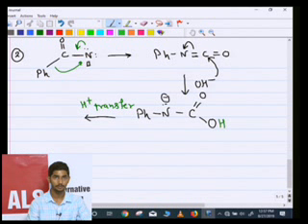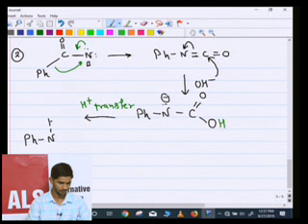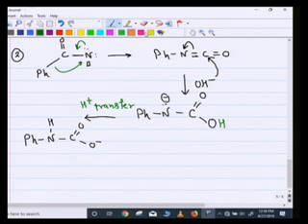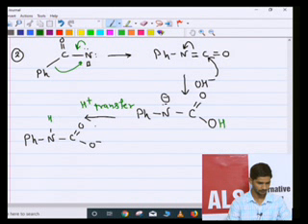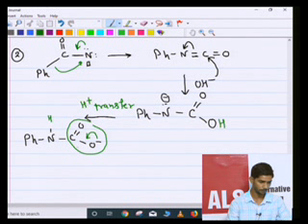It will look like this: PhNH C O O minus. And look at this very carefully. This is actually CO2 that I have just told you.